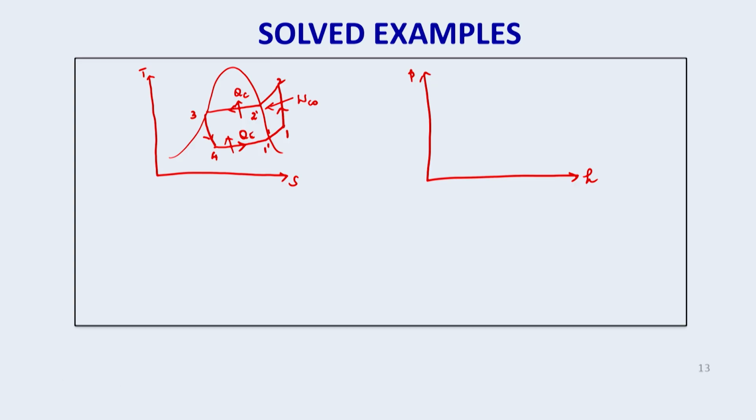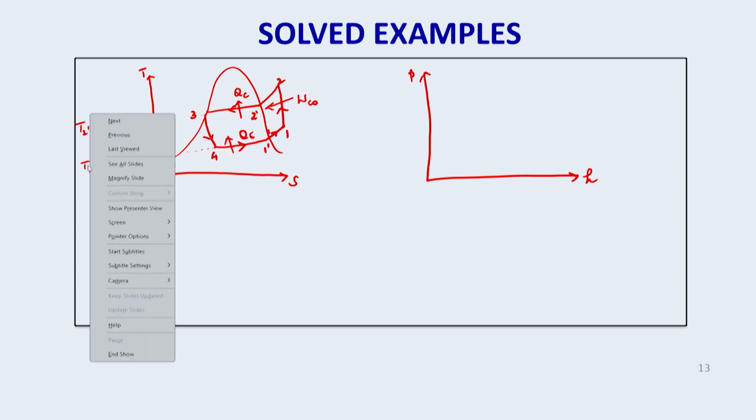So, if you see this diagram, similarly we can extend the isothermal lines. That is here T2 dash is equal to T3, which is equal to condenser temperature. This is superheated.